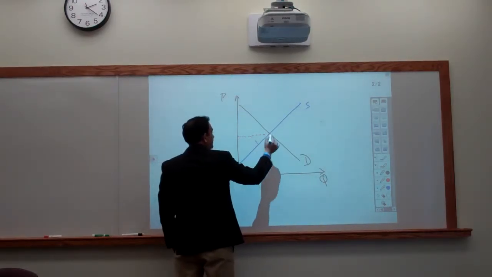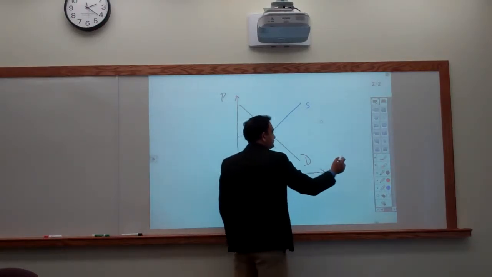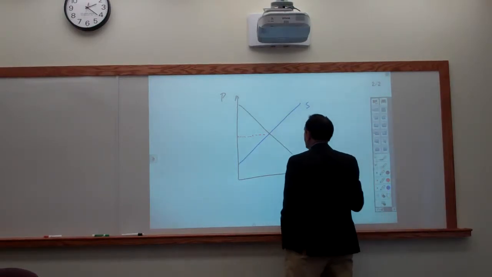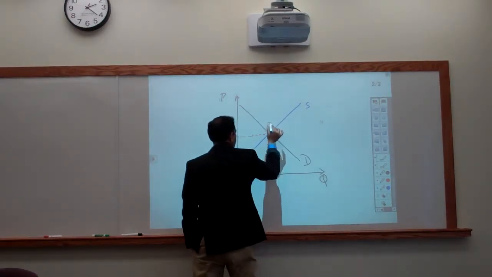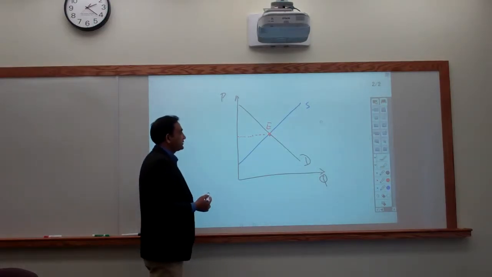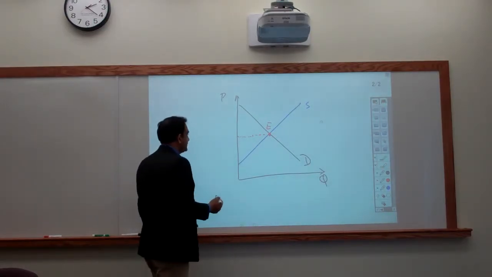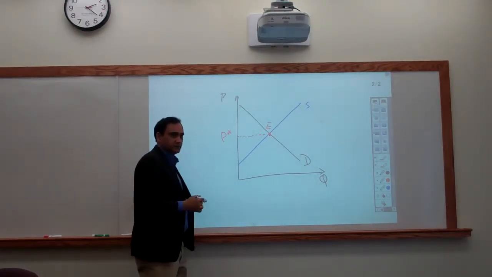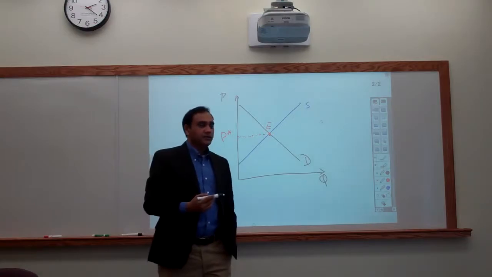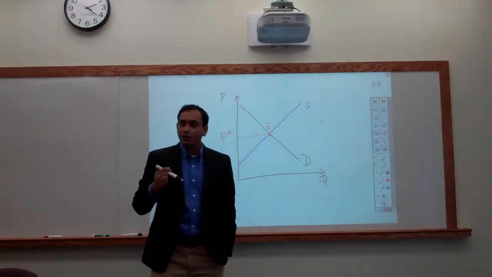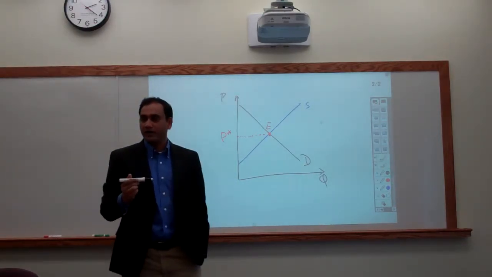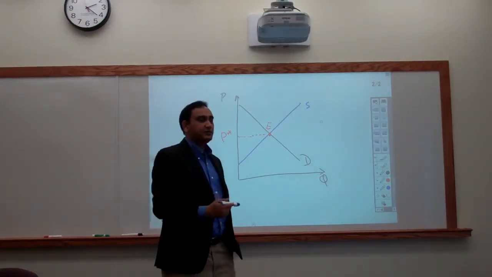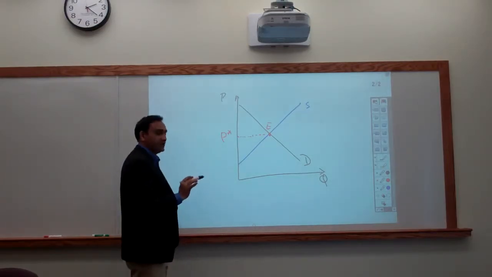As you can see, this is your point E, denoting equilibrium, where the demand curve intersects the supply curve. And that gives you a unique price, P star, some dollar figure, right? That's unique in the sense that only at this price does demand equal supply. There's no other price over here where demand equals supply. So this is unique in that sense.